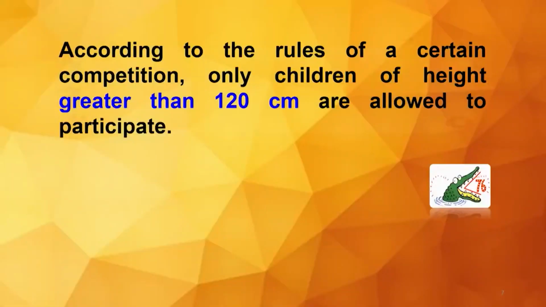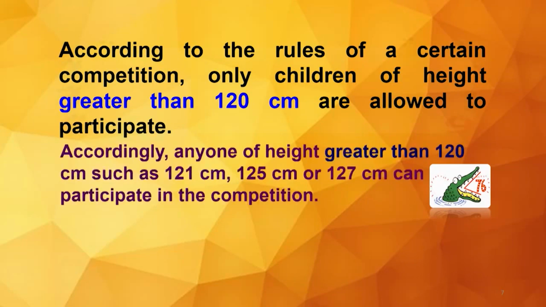Look at that. According to the rules of a certain competition, only children of height greater than 120 centimeters are allowed to participate. Accordingly, anyone of height greater than 120 centimeters, such as 121, 122 or 127 centimeters, can participate in the competition.